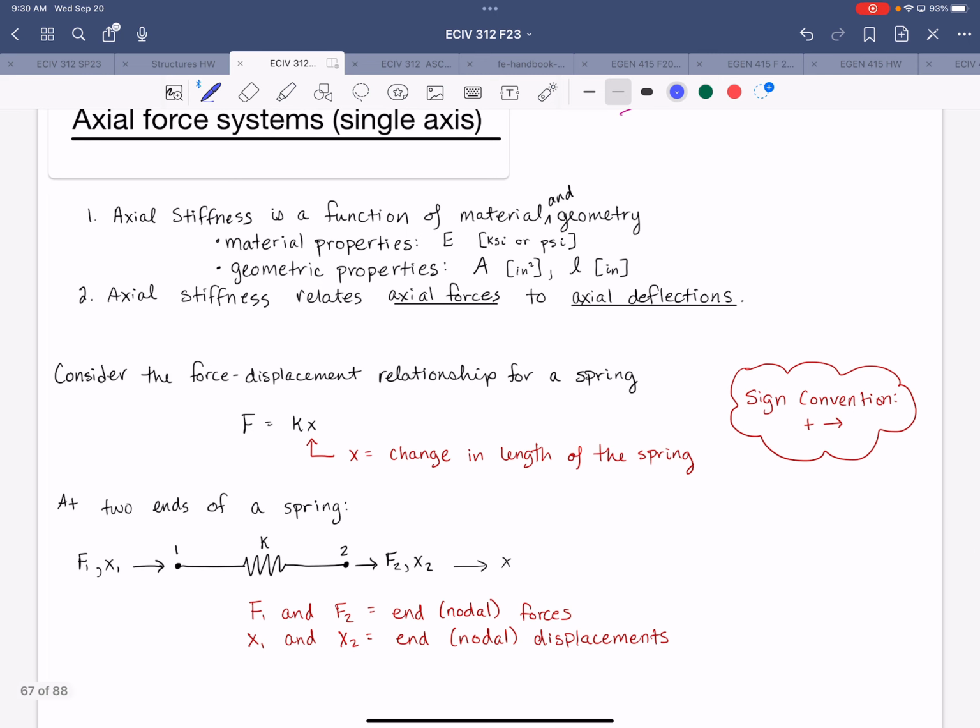So the axial stiffness will relate axial forces to axial deflections, and you are familiar with this in terms of capital delta or lowercase delta. From mechanics of materials, you learned this expression, PL over AE. There you have your L and A for the geometric properties, and E for the material property.